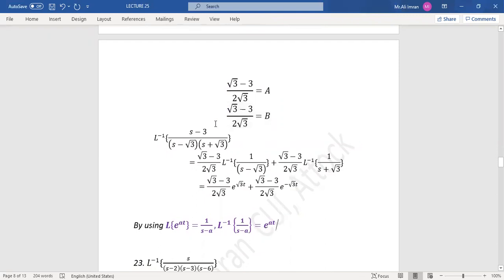Using these values of a and b in the above equation, we will have square root 3 minus 3 divided by 2 into square root 3 times the inverse Laplace of 1 divided by s minus square root 3, plus square root 3 minus 3 divided by 2 into square root 3 times the inverse Laplace of 1 divided by s plus square root 3. The first will be equal to e power square root 3 into t, and for the second, the inverse Laplace transform will be equal to e power minus square root 3 into t.